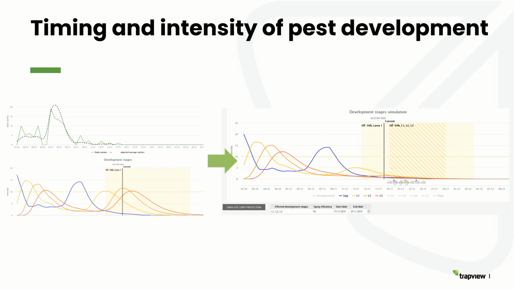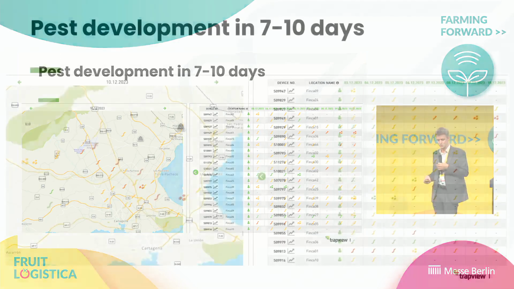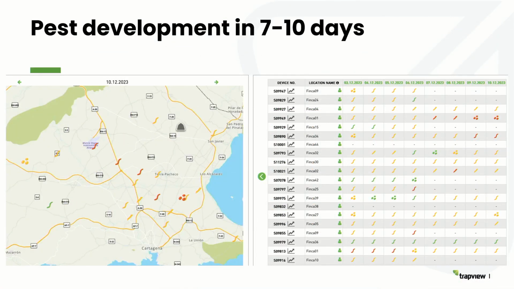And once you have all this, when you master, as I mentioned, the technology, the process, the service with validation and also local support and so on, then you can have a really accurate prediction of when, where, and will the pest insects be your problem.